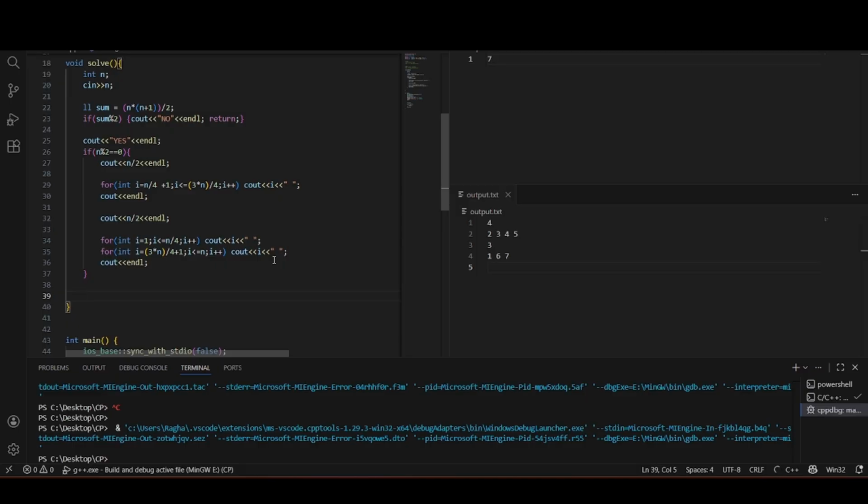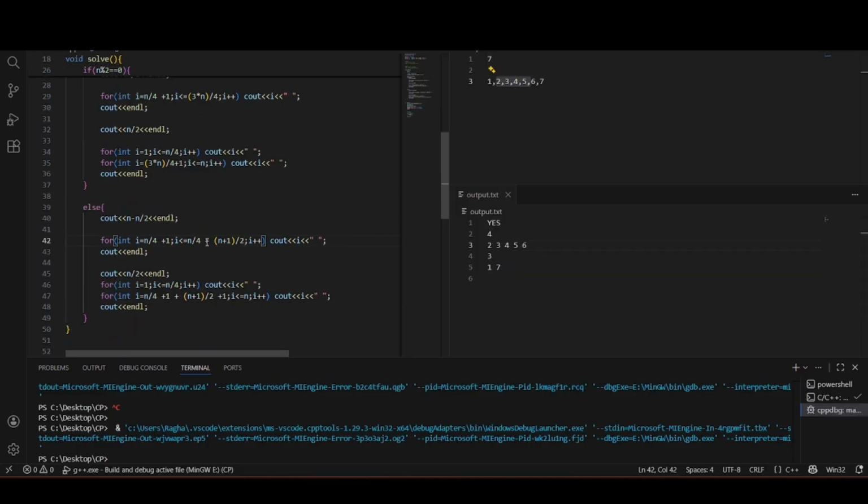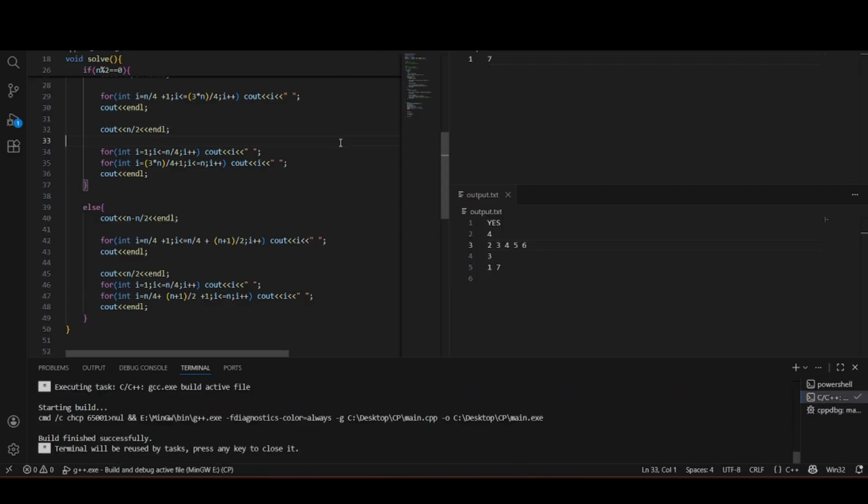Now this is the even case. Let's handle the odd case also. So let's write n by 4 plus n plus 1 by 2 till n by 4 plus n by 2, n plus 1 by 2 plus 1 for the right range till i less than or equal to n. Let's run this and check if it's working fine or not.